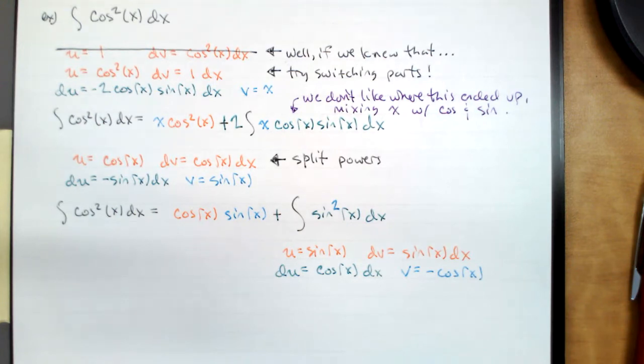Initially, it makes sense. This is the thing that we did before. We should try it again, even though it didn't actually get us anywhere, but we might not have noticed that we didn't get anywhere. Integral of cosine squared, integral of sine squared.